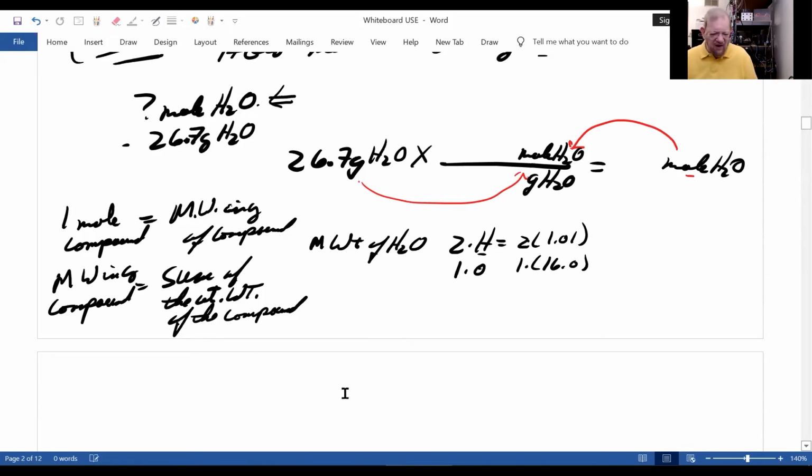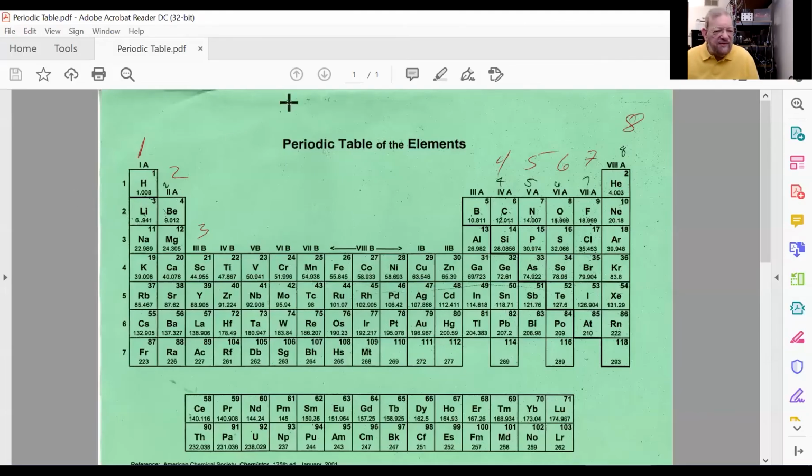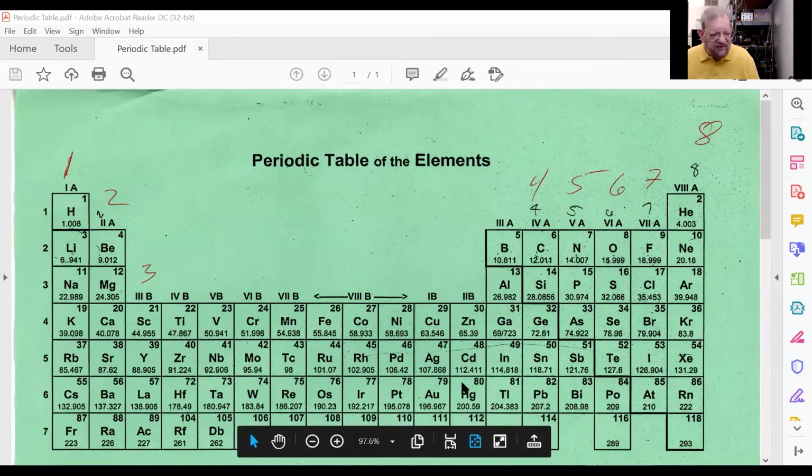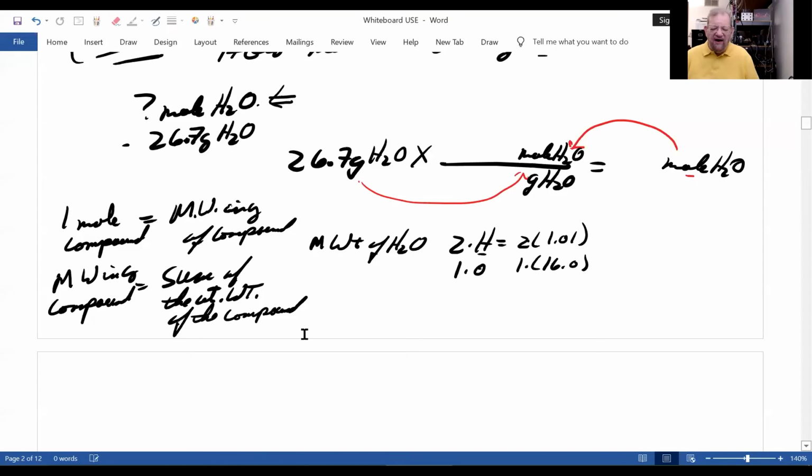No. If you notice here, hydrogen is 1.008, to 3 significant figures, that's 1.01. Oxygen right over here, 15.999, to 3 significant figures, that's 16.0. And that's how you use your periodic table to find this.